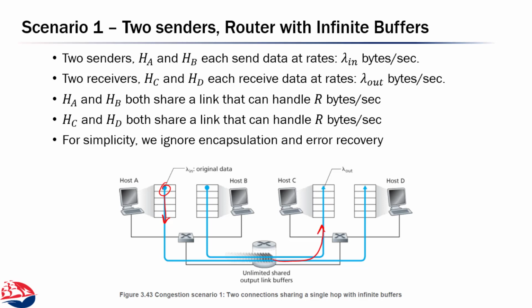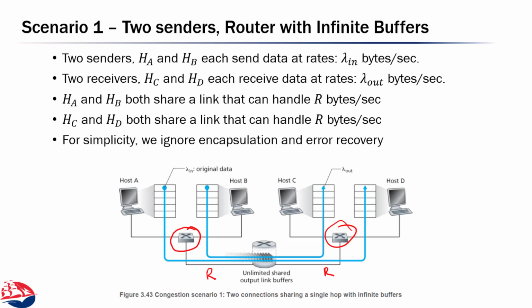Unless you give this a careful read and pay careful attention to the diagram, it's easy to miss the fact that host A and B are sharing a connection to the router, and host C and D are sharing a connection to the router. If this link can handle R bytes per second as its data rate, we could theoretically have host A dumping R bytes of data into the network, but then host B can't dump anything.